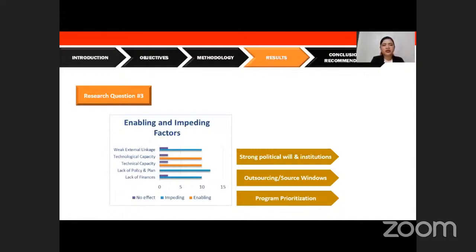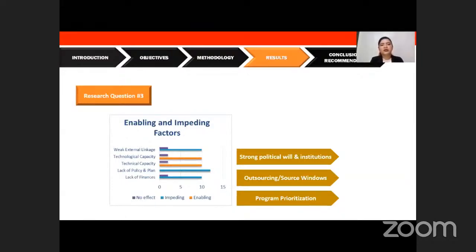The participants reasoned that the weak external linkage does not have an impact, because what we really need, according to them, is strong political will by having stronger political institutions. Outsourcing and the source windows could address the problems when it comes to technological and technical capacity, and the lack of finances could be remedied through program prioritization within the BLGUs.